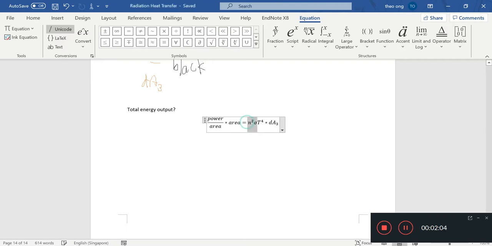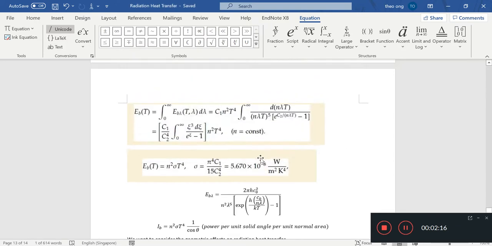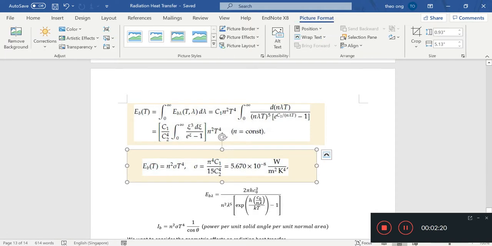This is what we sometimes call EBT, dA3. This is from earlier, we have this expression here, EBT.